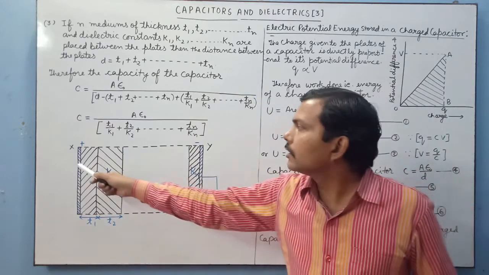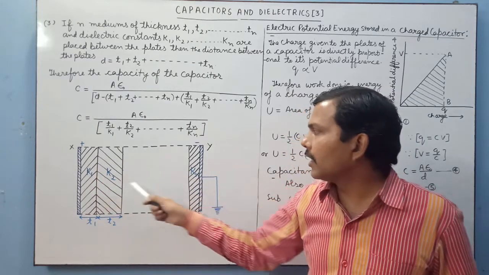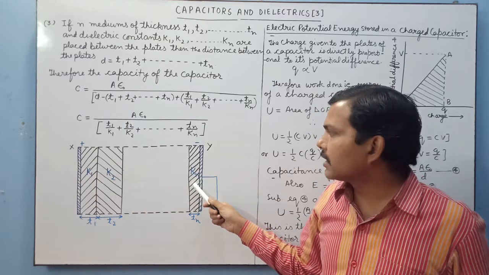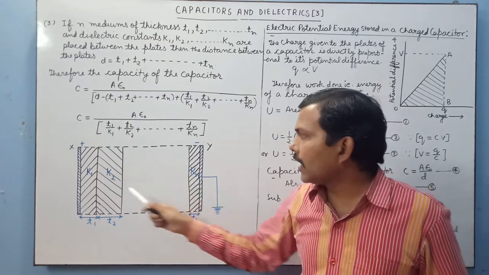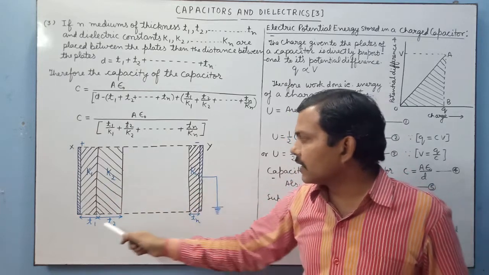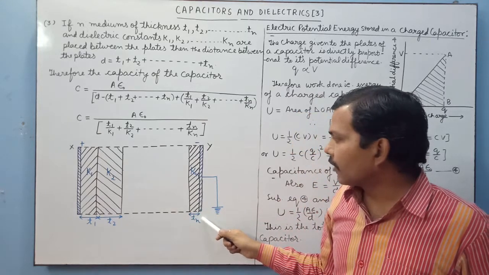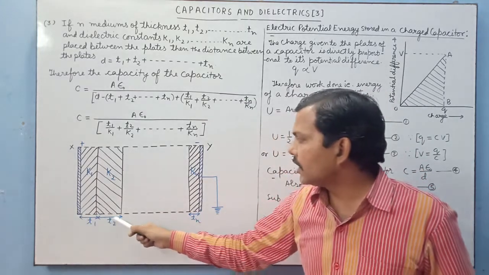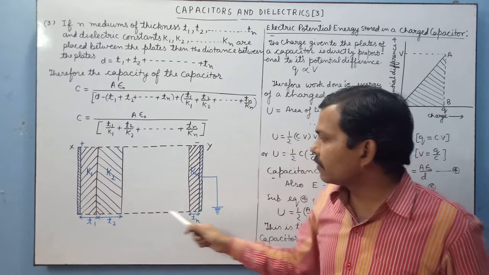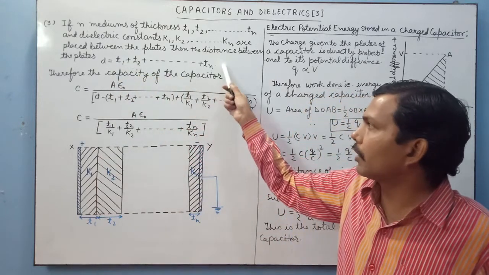This is a parallel plate capacitor having n dielectric mediums between its plates of dielectric constants k1, k2 and so on up to kn and thicknesses t1, t2 and so on up to tn. Therefore, if we add all these t1, t2 and so on up to tn, we get the distance between the plates. So d is equal to t1 plus t2 and so on up to tn.